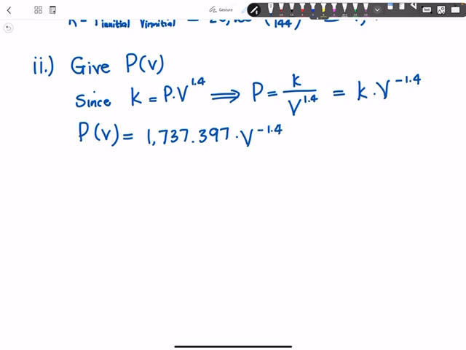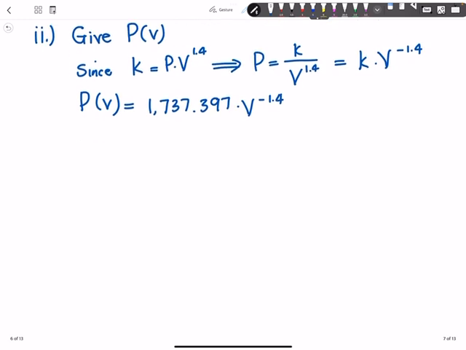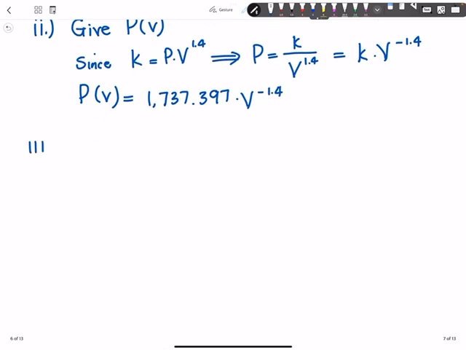Now that we have the pressure function, we can find work.